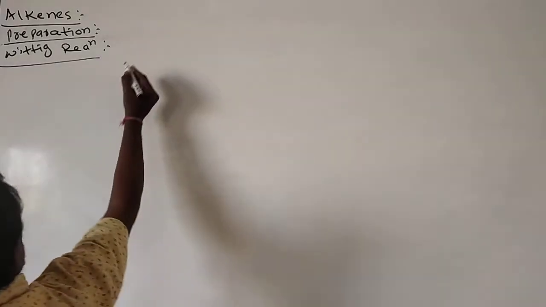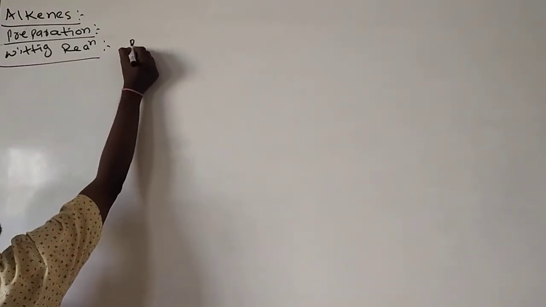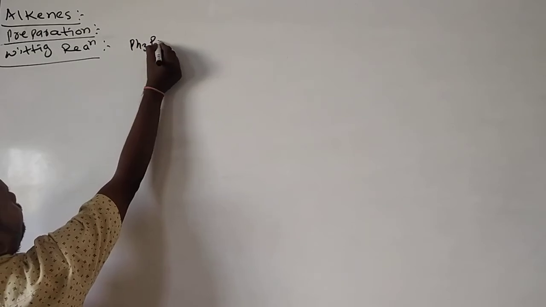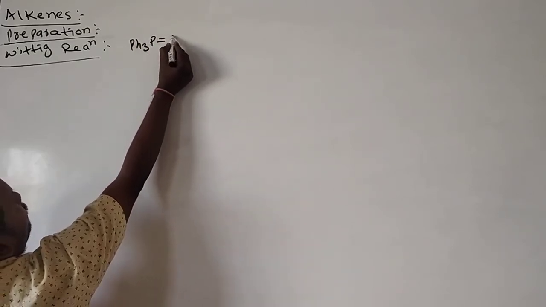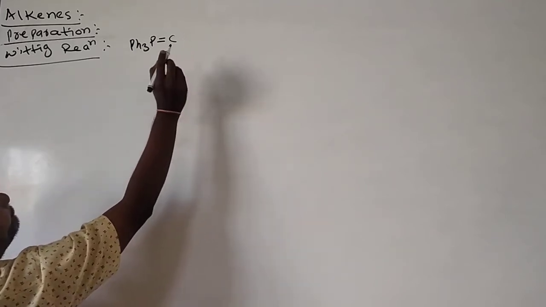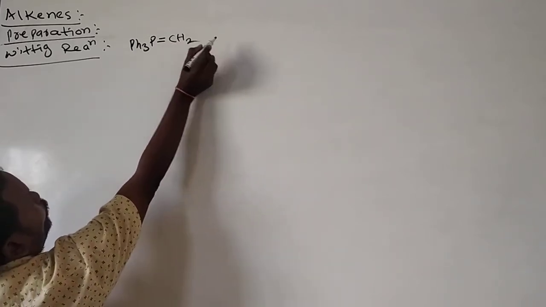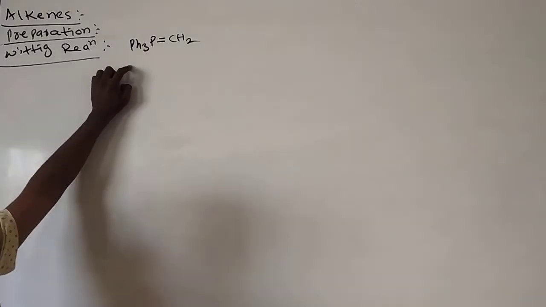Wittig reagent means, here I am writing, Ph3P=CH2. This is triphenyl phosphine, or triphenyl phosphonium halide, which we call the Wittig reagent.